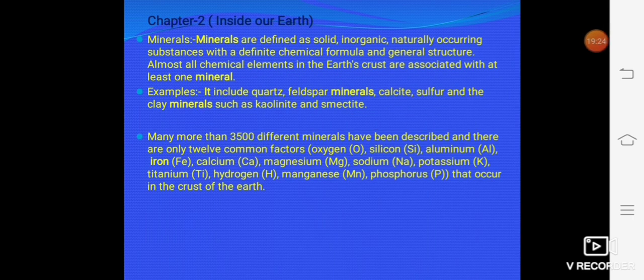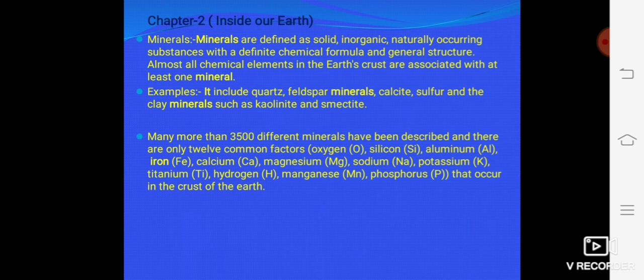Our last topic is minerals. Minerals are defined as solid, inorganic, naturally occurring substances with a definite chemical formula and general structure. Almost all chemical elements in the earth's crust are associated with at least one mineral. They vary in color, hardness, density, crystal form, crystal size, transparency, composition, location and abundance.